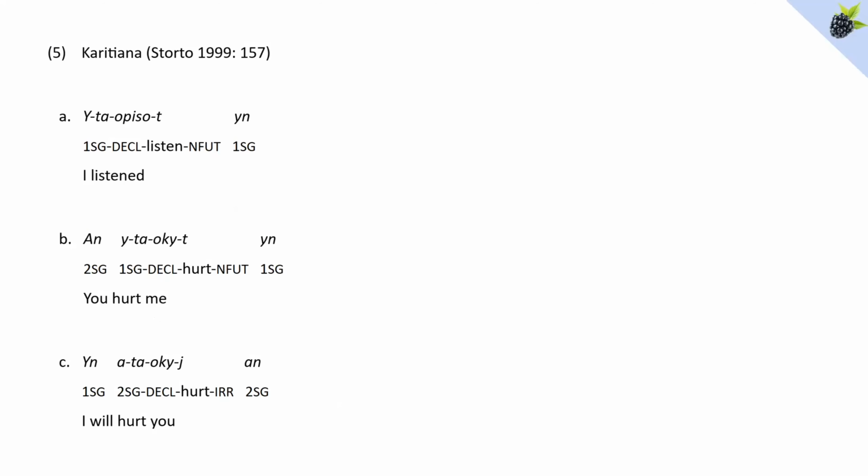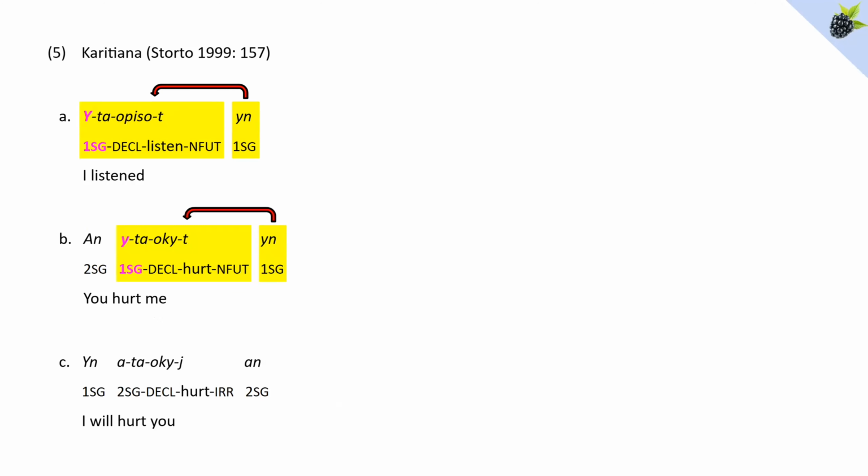Consider the following data from the Tupian language Karitiana. I listened, you hurt me, and I will hurt you. What do you notice? In 5a, we see the verb take the prefix to agree with its first-person singular S argument, and in 5b, we see the verb take the exact same prefix to agree with its first-person singular O argument.